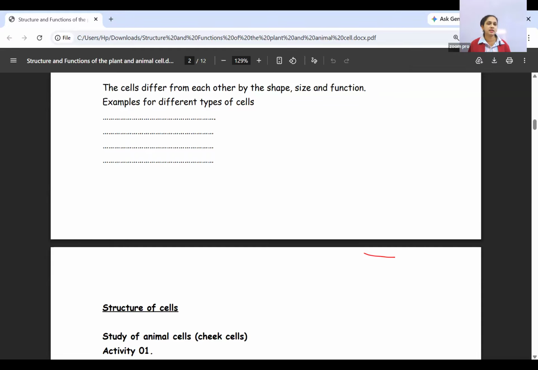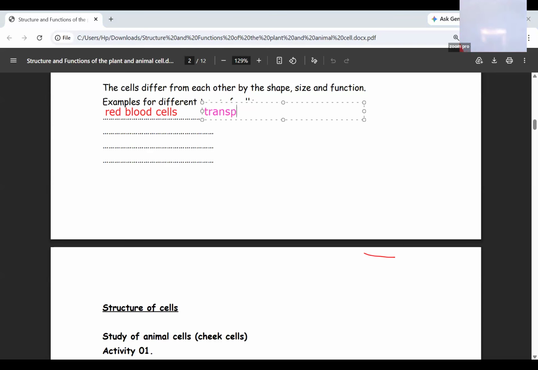Write down the first one: red blood cells. We will write the function in front of that. What is the function? Yes, transport oxygen.